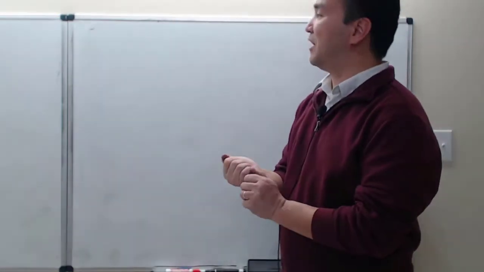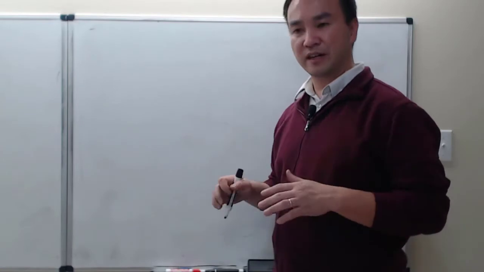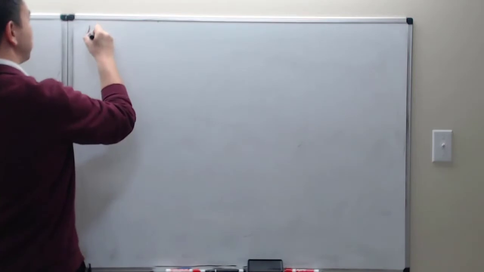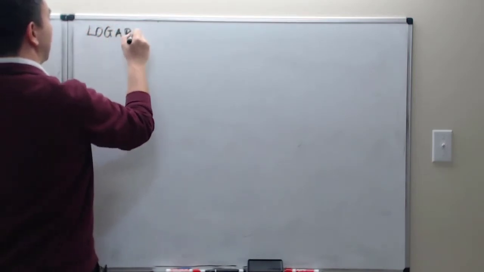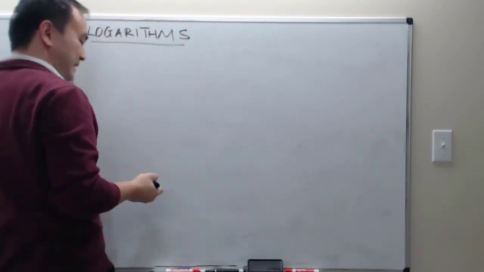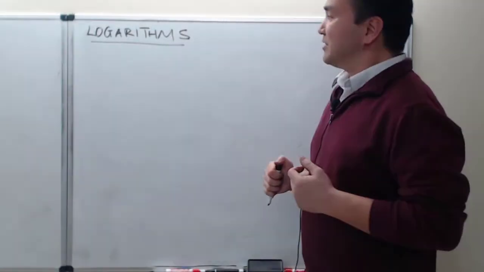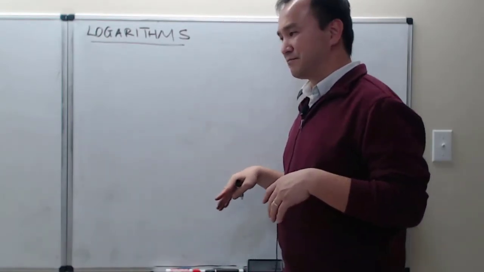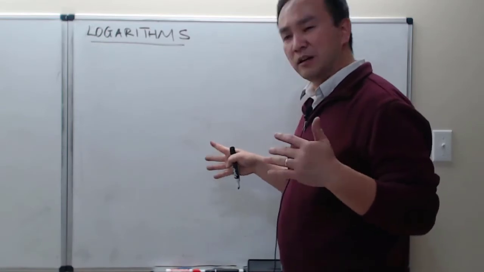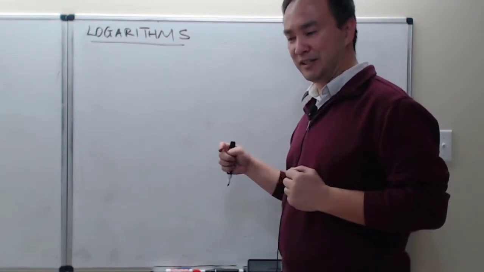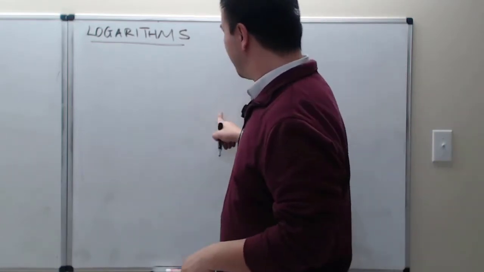Okay, let's now learn how to find the derivative of a logarithm function. Allow me not to go too far back in reminding you what a logarithm is, because that is what the pre-calculus course is for.